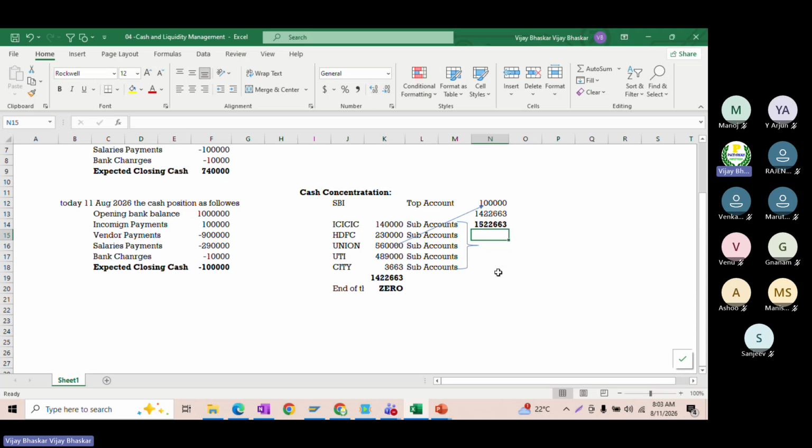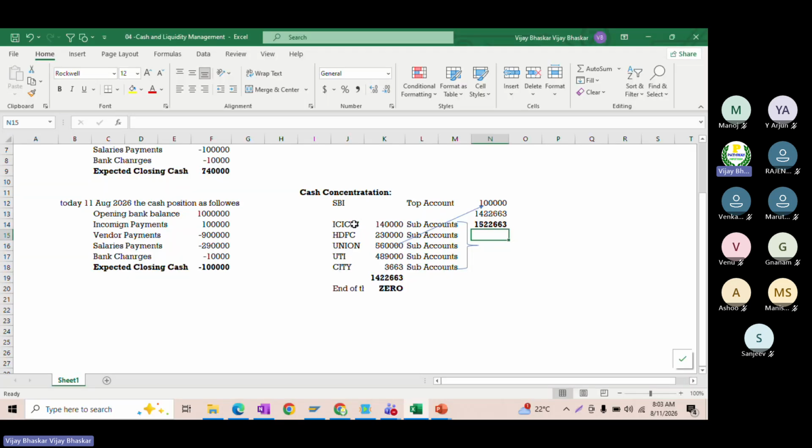If they have excess funds, they can decide how to invest them, either through additional investments or by going for borrowings. That is the main objective of cash concentration: all the cash can be seen in one bank account. You can also do cash concentration currency-wise. For one client we mapped around 600 plus bank accounts, and we successfully did that.